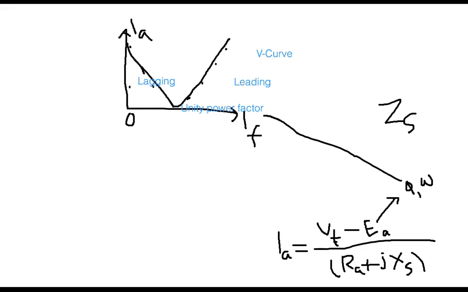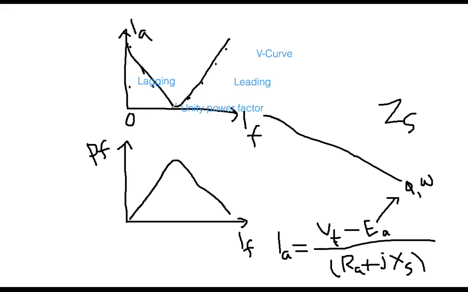Now, if I plot just at the bottom, based on that conclusion, field current versus the power factor, I am plotting the power factor. If I do it point by point, it will look like this.